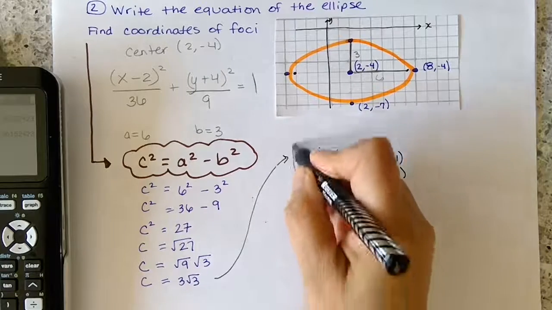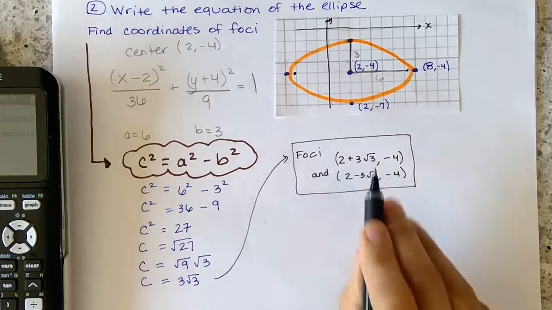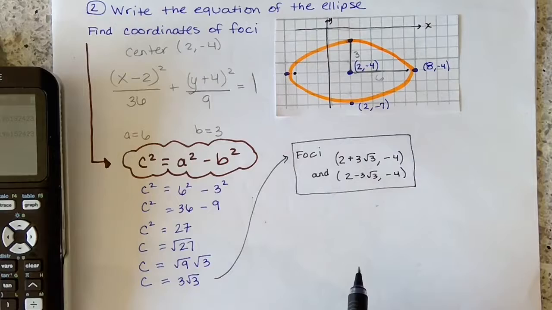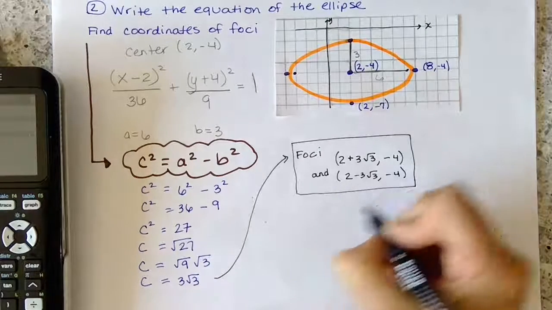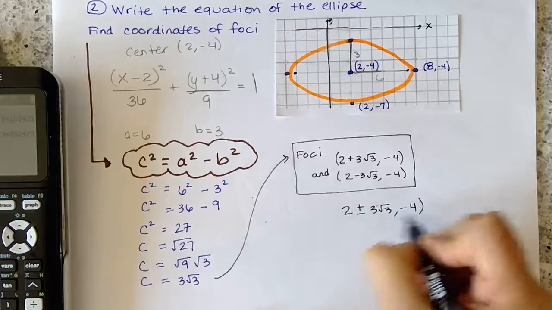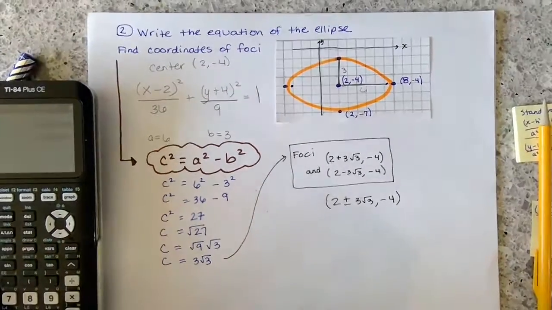This is the best way to leave your answer. If you actually converted this to a decimal, that's going to be fine. That would actually tell you what that point would be. But if you left it this way, that's fine. And again, you could have also written it as 2 plus or minus. Same thing. Okay. And that's it for this problem.